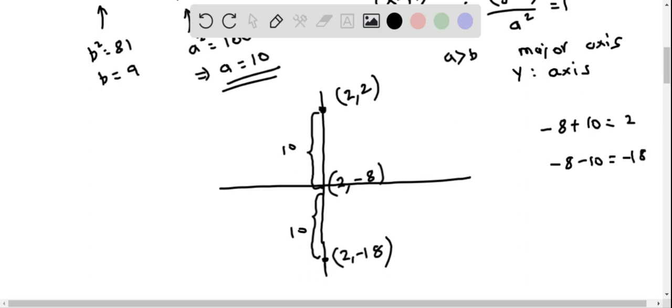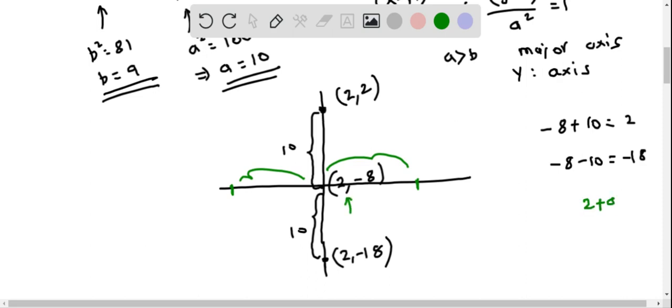Now let's determine the endpoints of the minor axis. For this, we'll be using the value of b. So the endpoints of the minor axis are b units from the center. So it has to be 9 units from the center, that is to the right of the center as well as to the left of the center. Let's say this point and this point. So I have to add 9 to the x coordinate of the center.